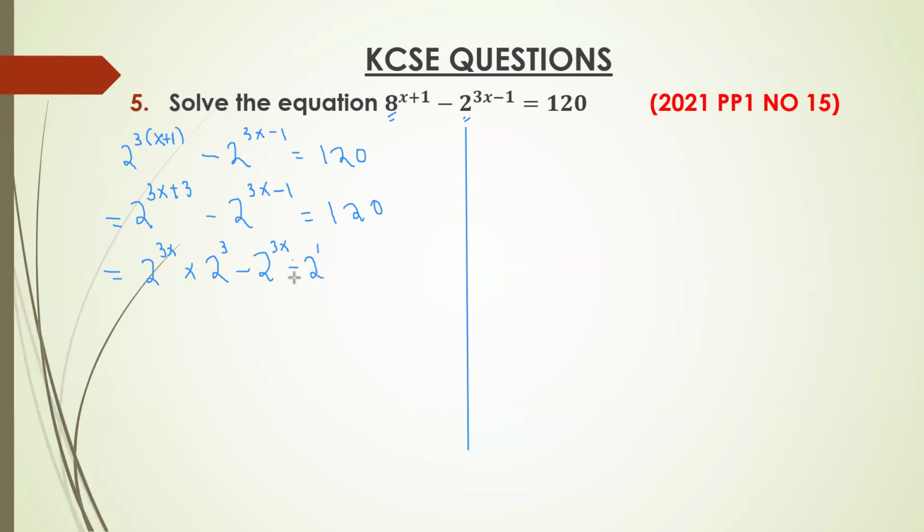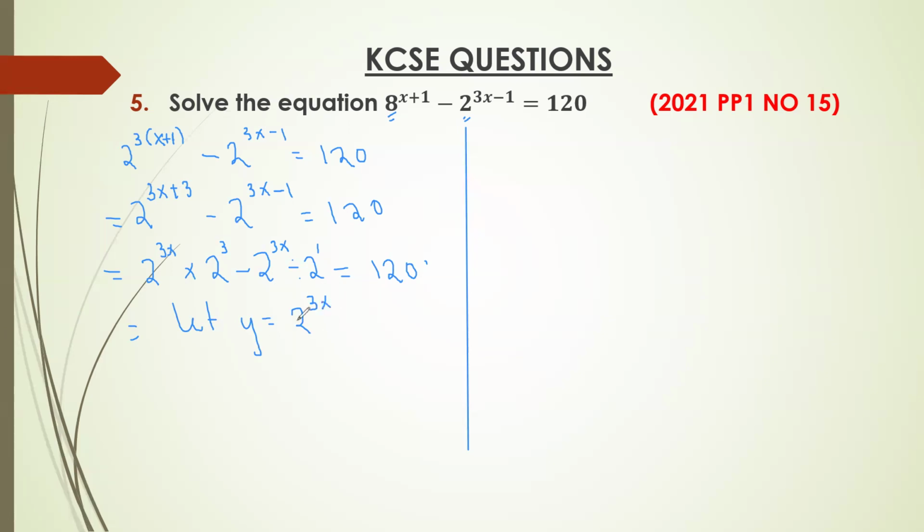Sawa, ni 2 power 1 ndo upate hiyo 2 power 3x minus 1. Kama division, what do you do to the powers? 3 subtract, so itakuwa 3x minus 1, which is this now, equal to 120.